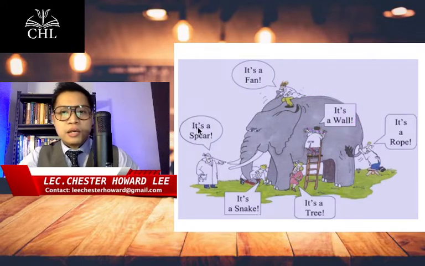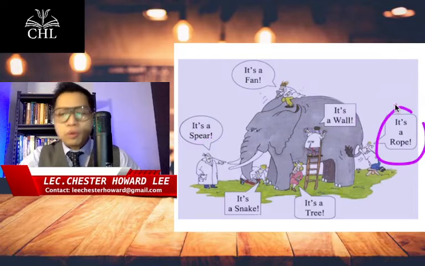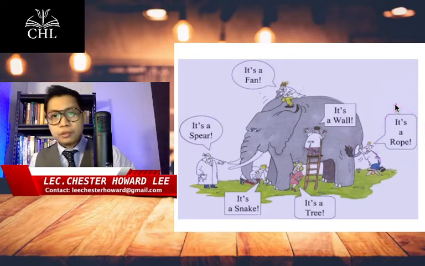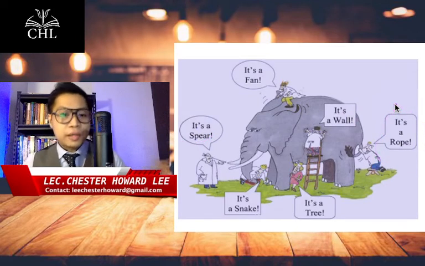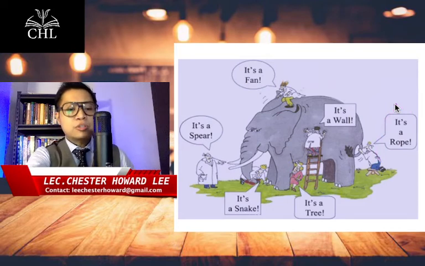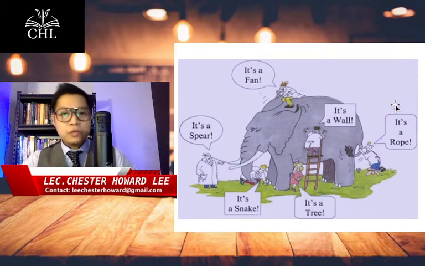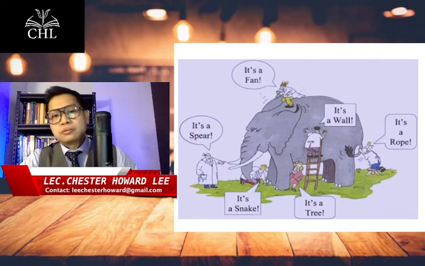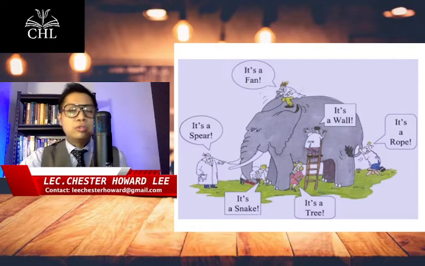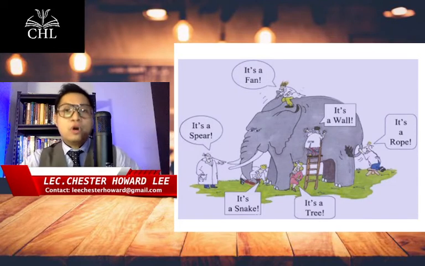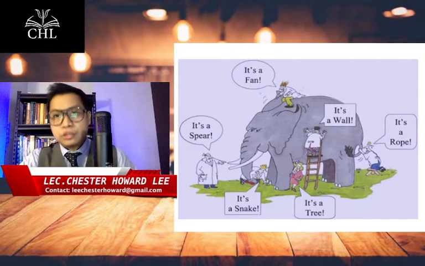Yung isa, the elephant is a spear. Yung isa, the elephant it's like a rope, so on and so forth. They were saying different things about the elephant, but they were all describing an elephant. The same thing with intelligence. Intelligence is very complex. So different psychologists would define intelligence in different ways, but we are all talking about intelligence.